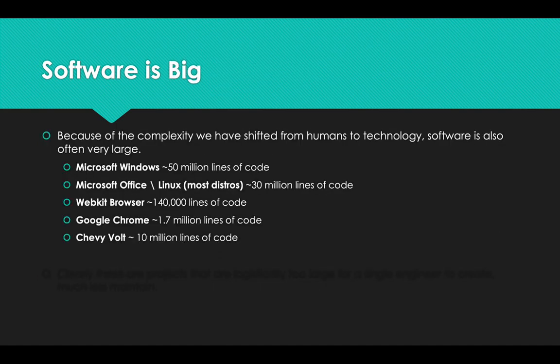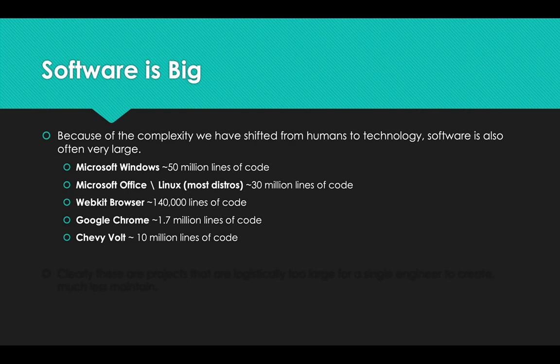And largely because of that complexity, we have shifted a lot of work from humans to technology. And in doing so, we have created these very, very large applications. If you think about the largest application that you've created as an undergrad in computer science, it's probably on the order of thousands or tens of thousands of lines of code.